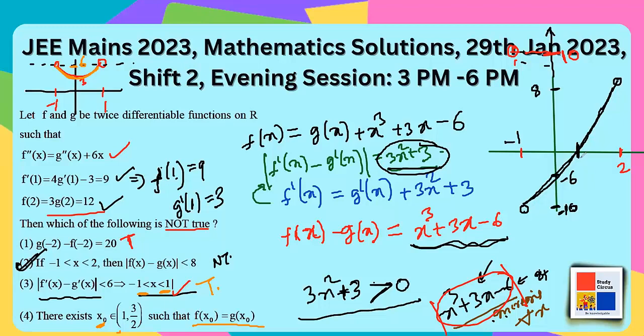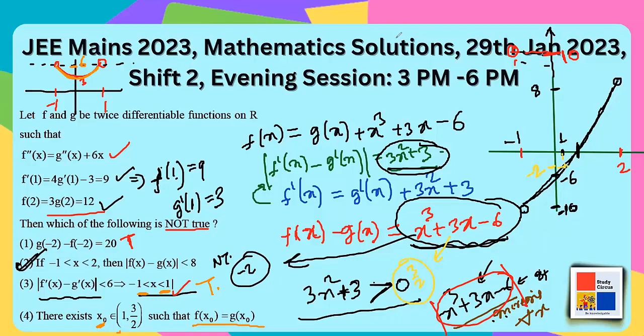And obviously, you can find out if you put 1 in this thing. So for 1, the value of this thing is -2, right? And for 3 by 2, I will plug 3 by 2. So that is 27 upon 8 plus 9 upon 2 minus 6.